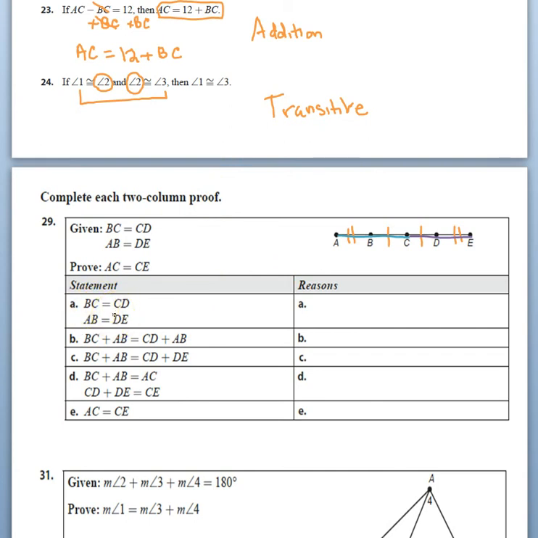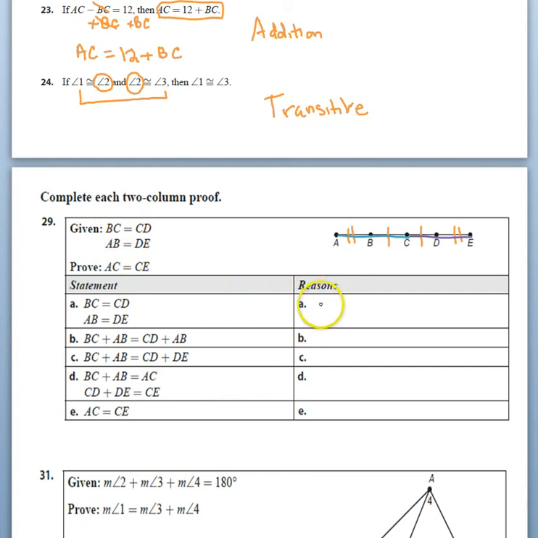Okay, so the first thing you should always get right. If you get really confused, you think, oh my goodness, I have no idea how to complete proofs. I hate them. I do know that, you probably will feel that way. If you haven't yet, you probably will at some proof. But you should never, ever, ever miss the whole thing. You can always get the first statement and the first reason correct. If you look at the first statement, this is just the information that was here.